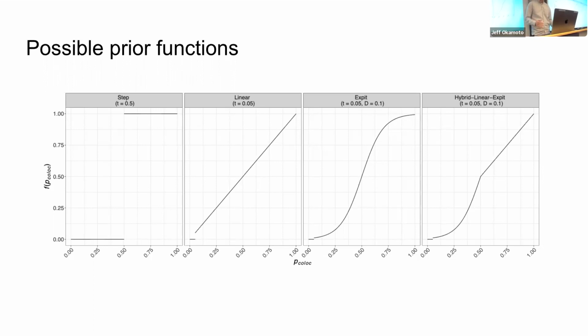To the right of that, you have the linear function, which we think is the most intuitive option. So this is the default in our software. This is just the identity mapping and truncating at a t-value of 0.05. And then the two functions to the right, xbit and hybrid linear xbit, the rationale behind these is that you shrink your colocalization probability if it's less than 0.5, but don't set it to 0.